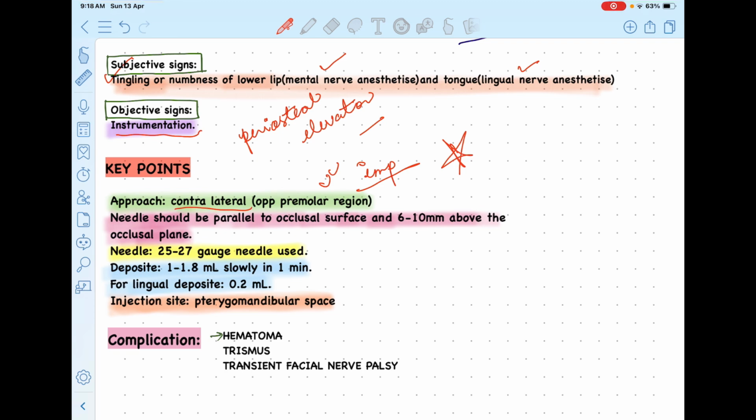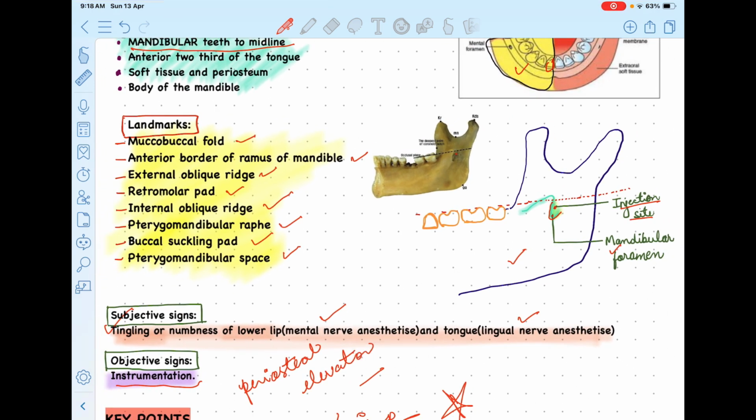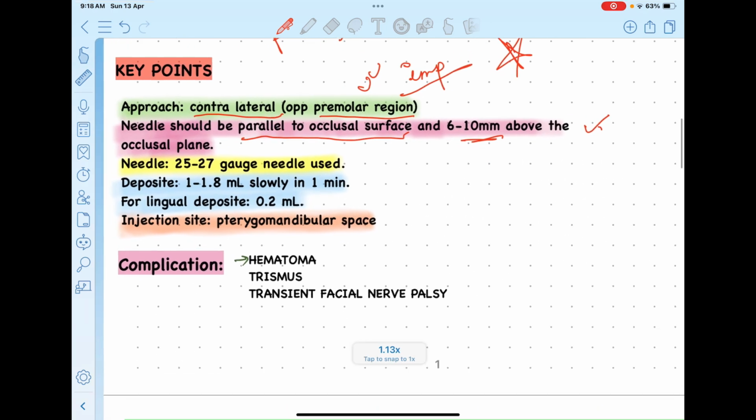The approach will always be contralateral, means from the opposite side, from the premolar region. The needle should be parallel to the occlusal plane and at least 6 to 8 mm above the occlusal plane. Suppose from the opposite side, the needle will be like this, okay, from the opposite premolar region.